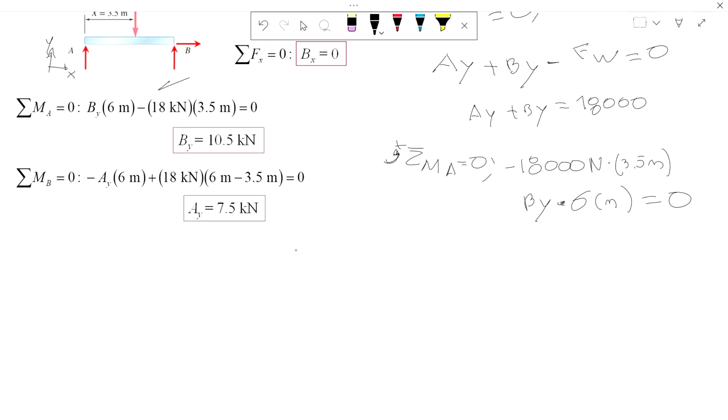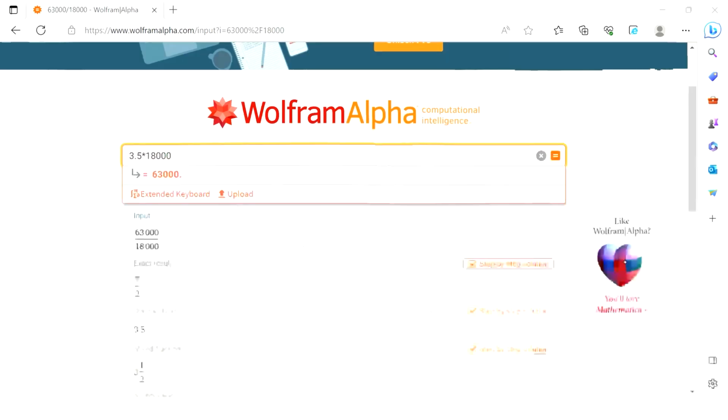So the total amount of distributed force is equal to BY times 6. And this is in meters, this is in Newton meters. Newton meters, but meters in the denominator, so we're only going to have newtons.